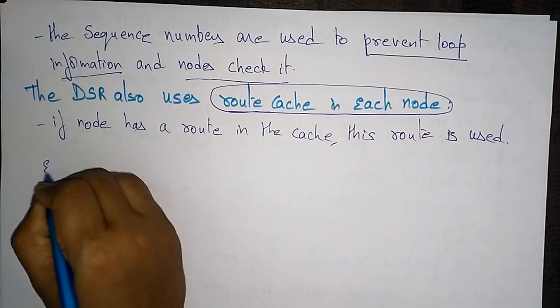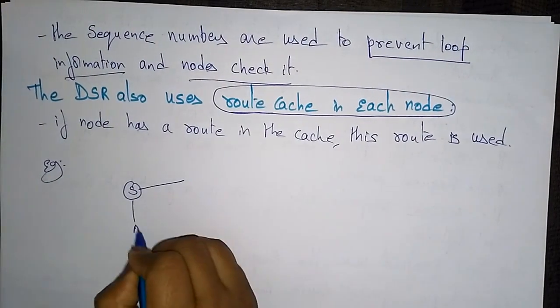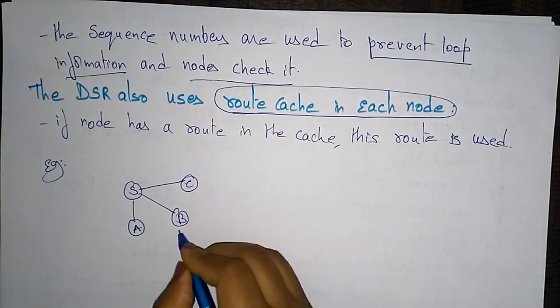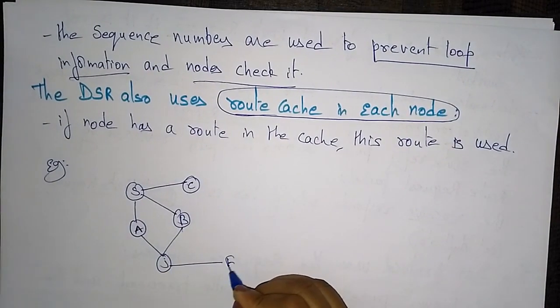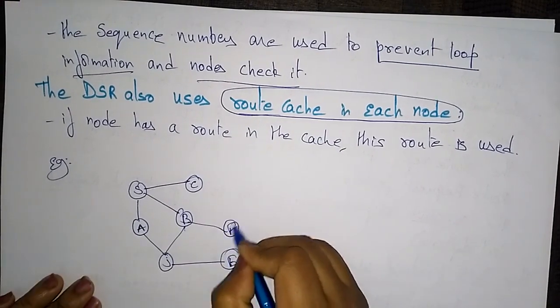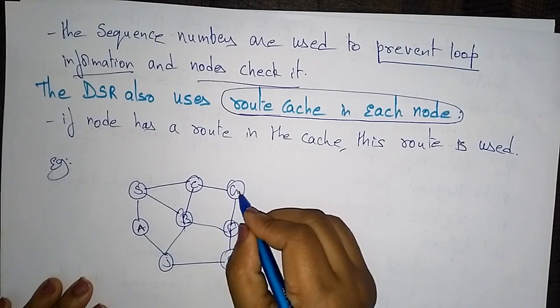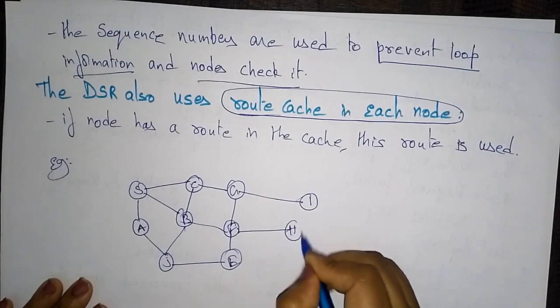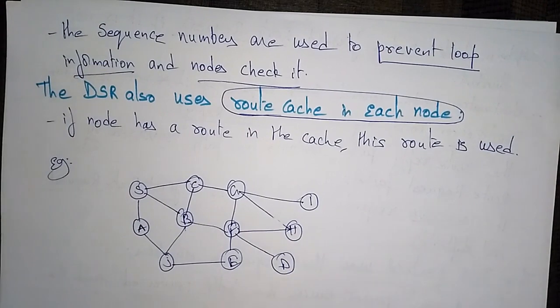Let's take an example. This is a source and these are the remaining nodes. Let's take A, C, B, J and E, F, G, I, H, and D. These are the nodes that are participating in the network.